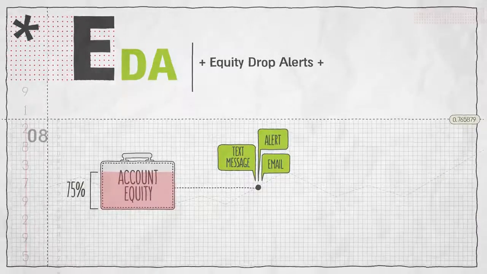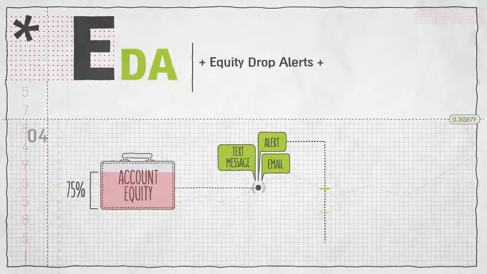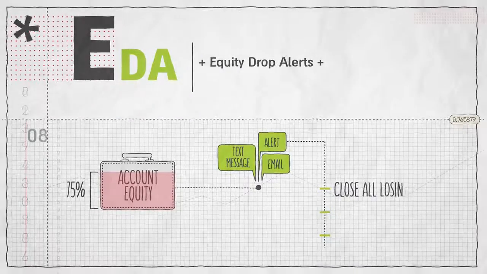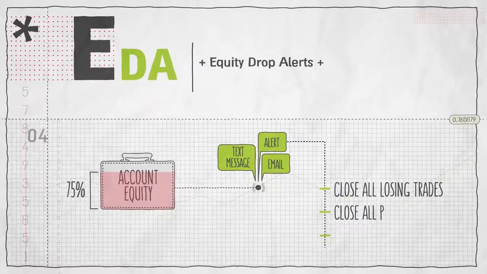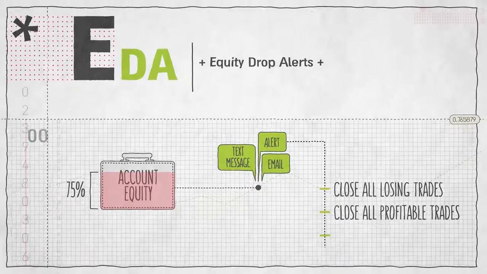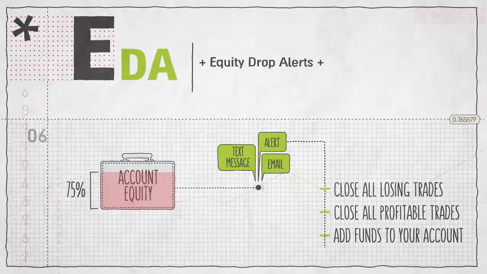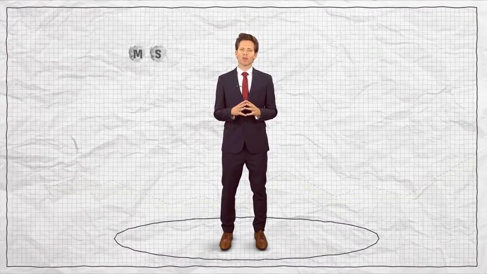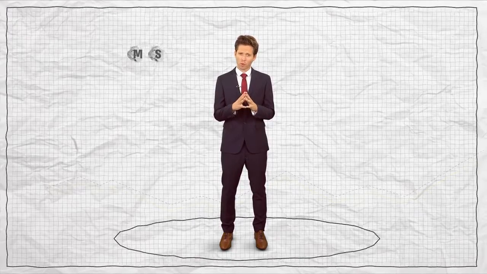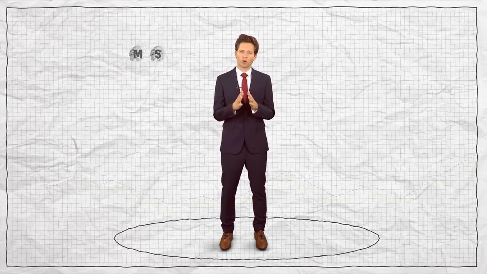When you receive an equity drop alert, you will have a few choices about what to do. Close all losing trades, close all the profitable trades, or add funds to your account. The goal is to make your account as stable as possible, which can more easily avoid high risk. Each option will help increase your account's equity so you have more to back up your trades.